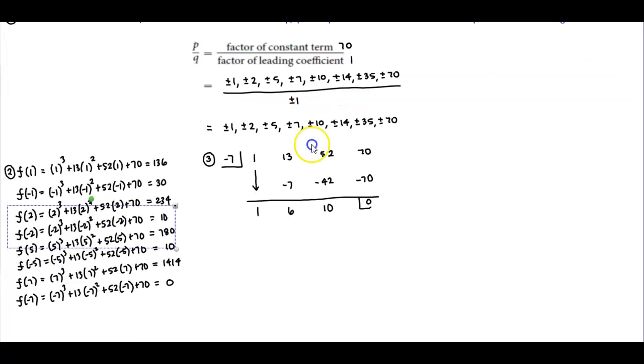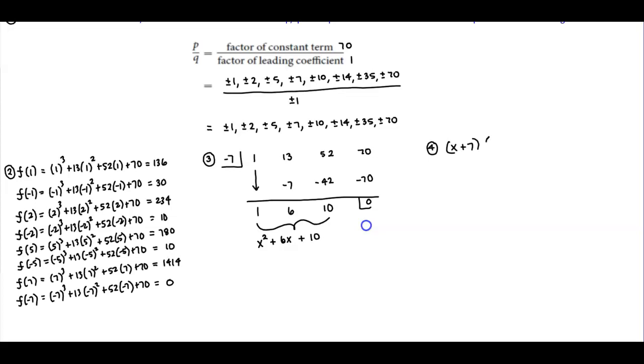Now we want to focus on this factor here, which is 1, 6, and 10. We know that x plus 7, because this is minus 7, is a factor. And the other factor is x squared plus 6x plus 10.